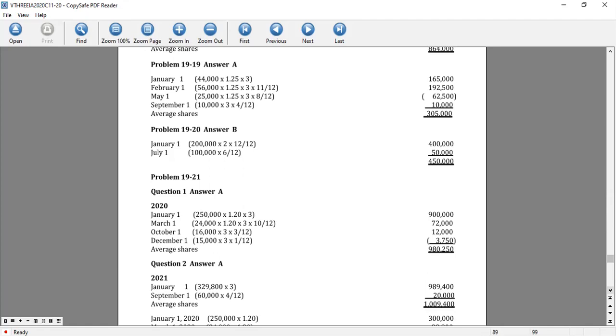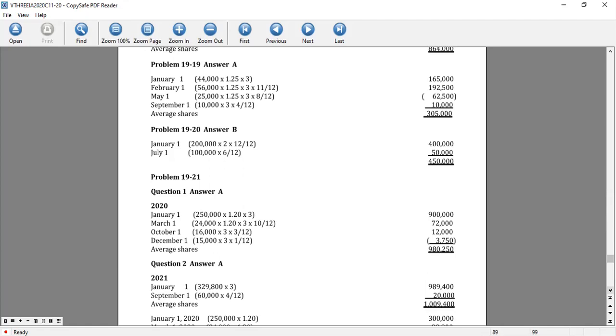Then on December 1, 2020, purchased 15,000 treasury shares. So December 1, 15,000, and we multiply it by 3 because it occurred prior to the split.